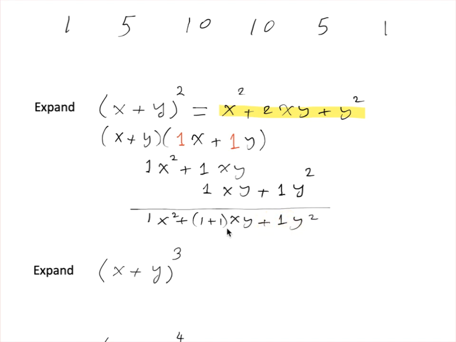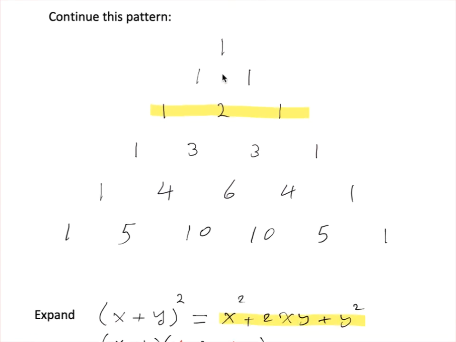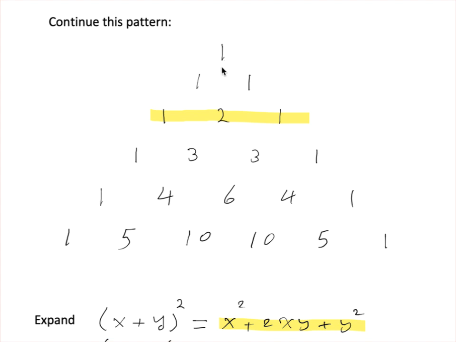Now, if you go back to the table, you can see the way the table is made. You start with 1, and then 1, 1, and then to build the next row, the sides are always 1s. You bring them down, and then for the middle ones, you add the top 2, like 1 plus 1 is 2.